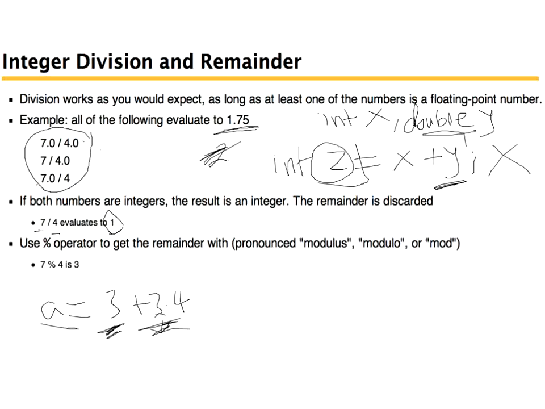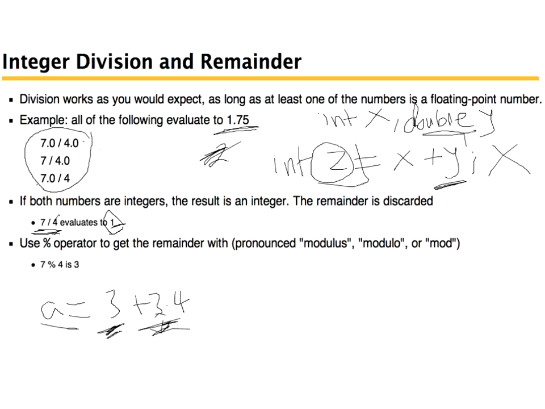No, it will give you the actual number. Think about it logically. How many 4s do you have in 7? It's only one 4 in 7. So it will give you a logical answer, correct? You have one 4 inside 7, so it will give you a whole number, which is 1.